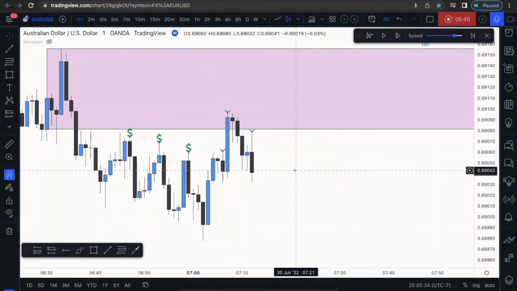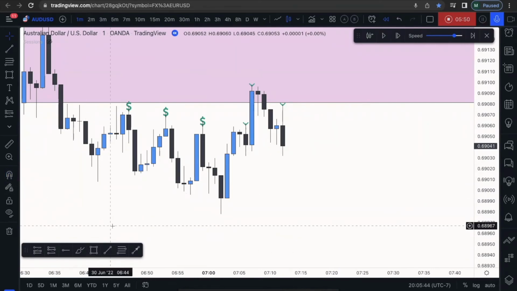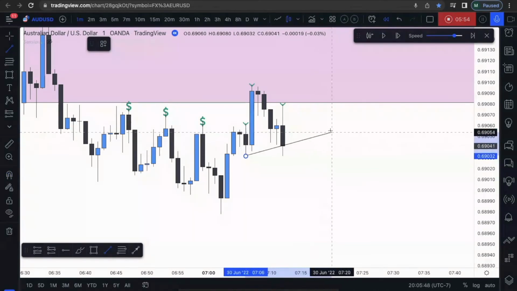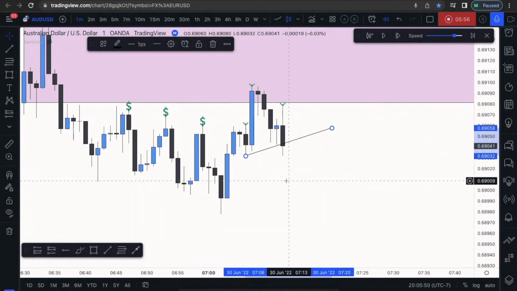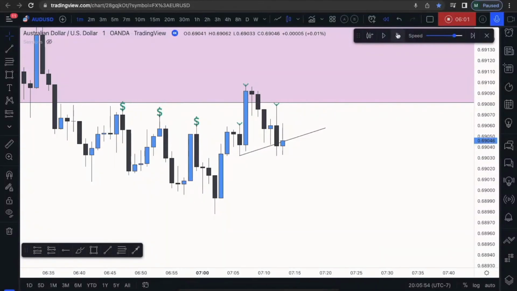So this is head and shoulder pattern, which is also one of the reversal patterns. That was my one confluence, and I also was waiting for a trend line break for my second confluence.